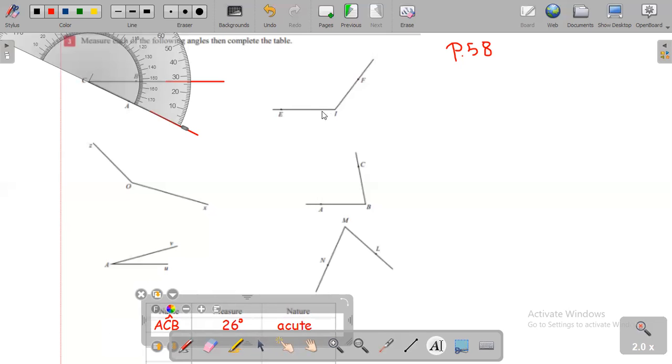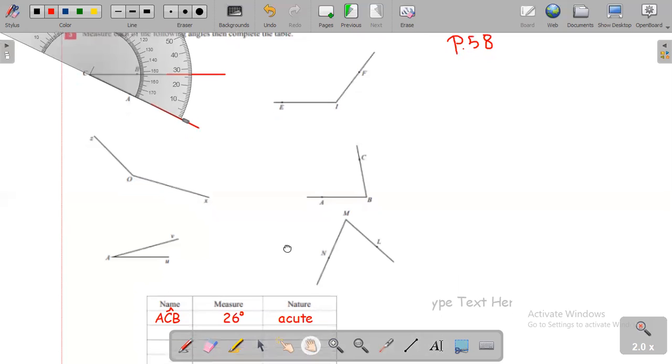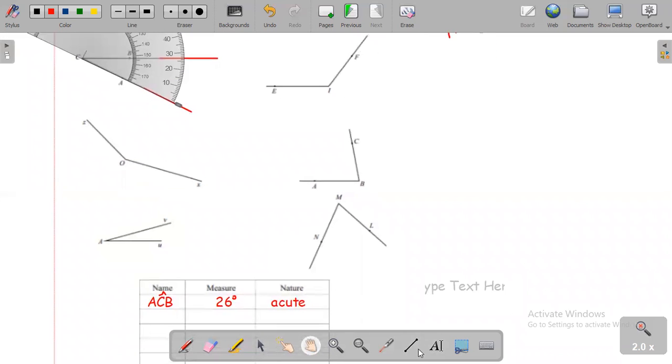Now let's measure the second angle. Let's write first the name of the angle. The vertex should be at the middle.